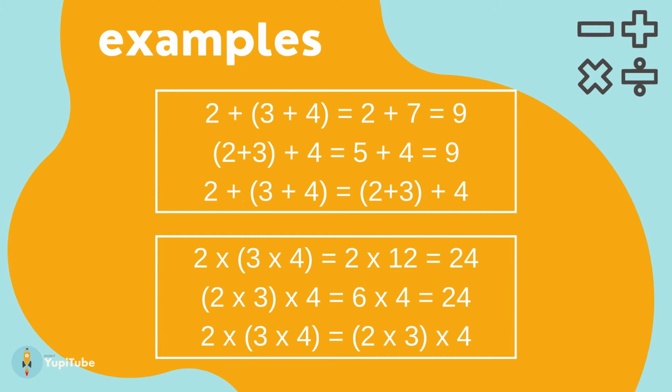Another example, 2 times open parenthesis 3 times 4 close parenthesis is equal to 2 times 12 is equal to 24. Open parenthesis 2 times 3 close parenthesis times 4 is equal to 6 times 4, which is also 24, which means 2 times open parenthesis 3 times 4 close parenthesis is equal to open parenthesis 2 times 3 close parenthesis times 4.